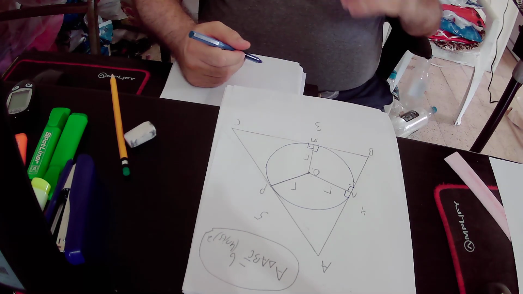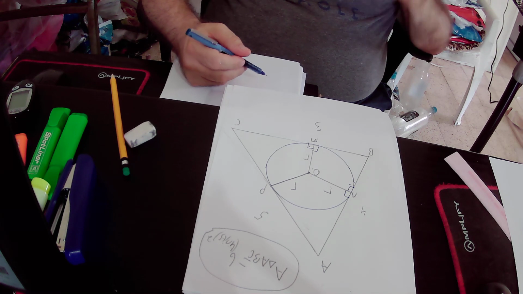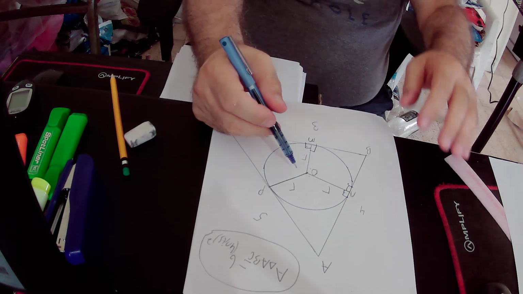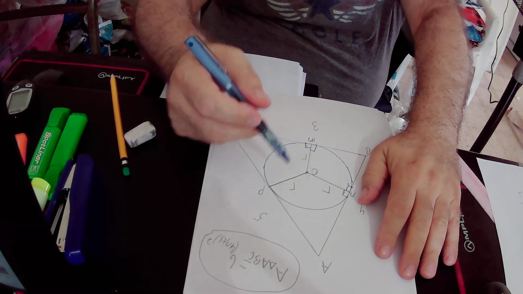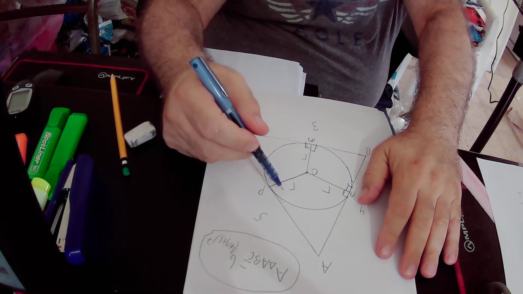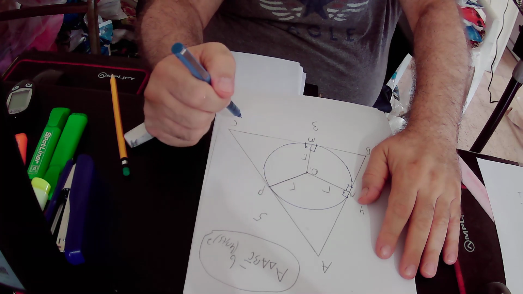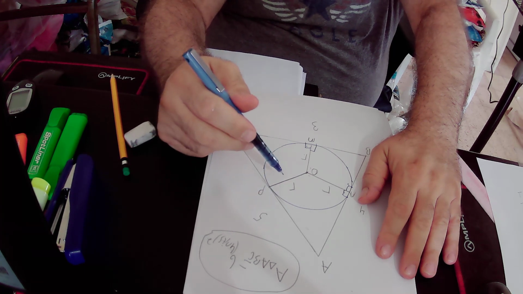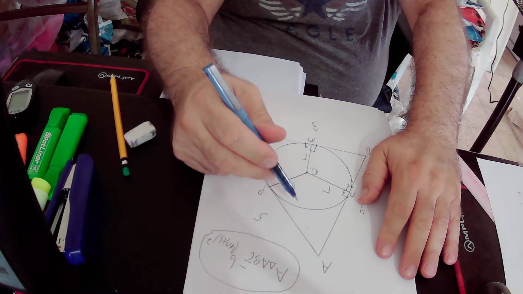Okay, and for the same reason, line segment OP, that is the radius of this circle, is perpendicular to its tangent, that is side AC of the triangle. So the radius is perpendicular to its tangent AC.